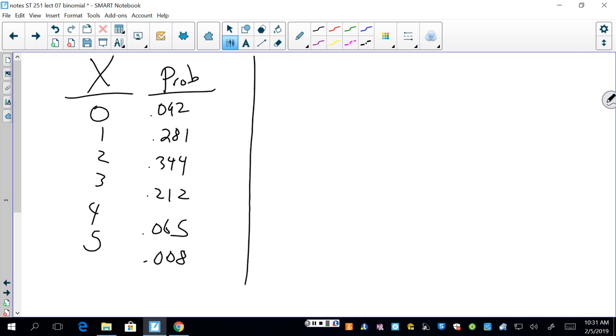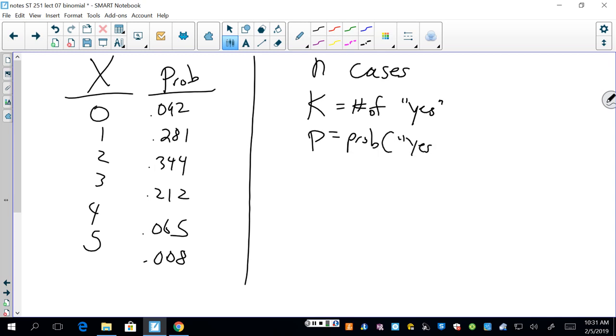So what's the general formula? We have n cases or trials or subjects, children, and k is the number of yes responses, and p is the probability of yes for one case. The possible values of k, we're counting the number of yeses.